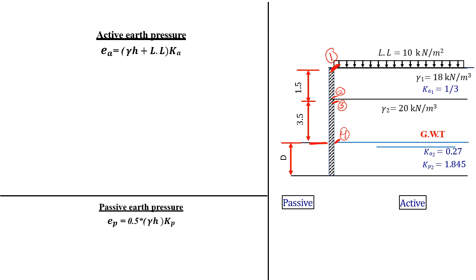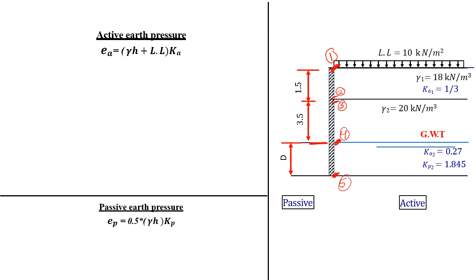So get a stress at this point number 4, and at the bottom of your retaining wall, this is point number 5. These are your locations: top of your sheet pile, bottom of your sheet pile.